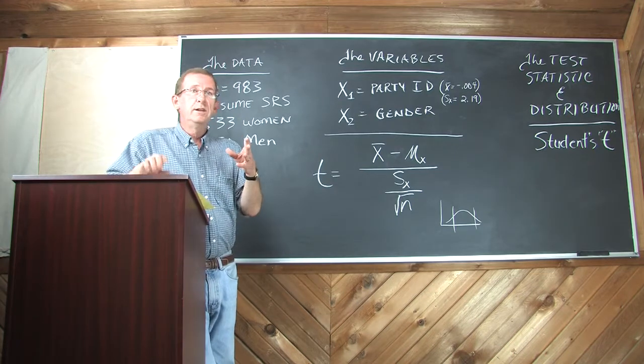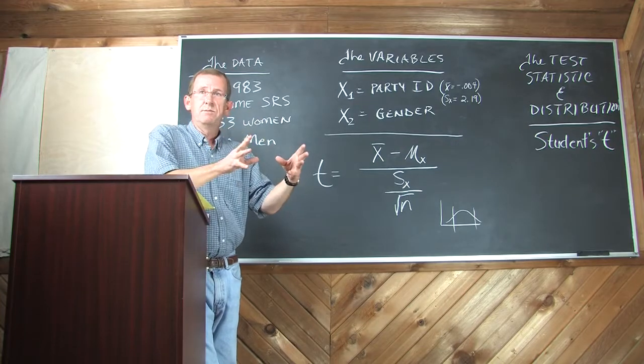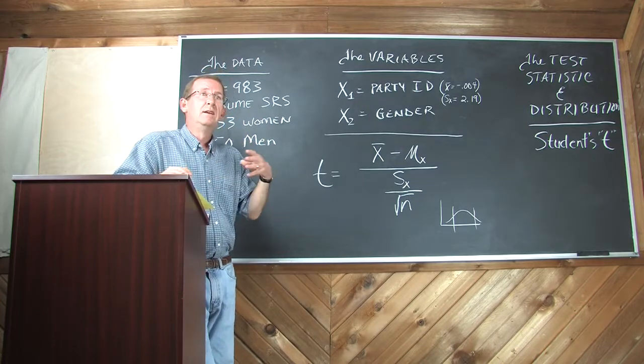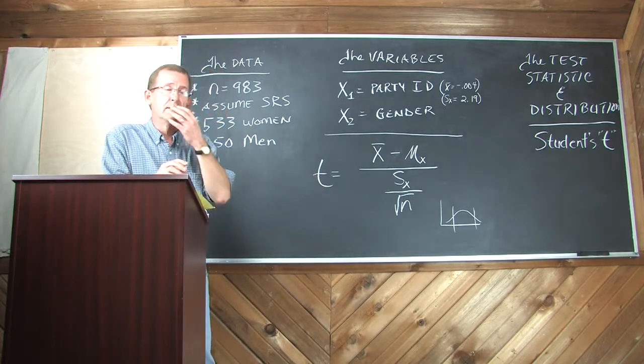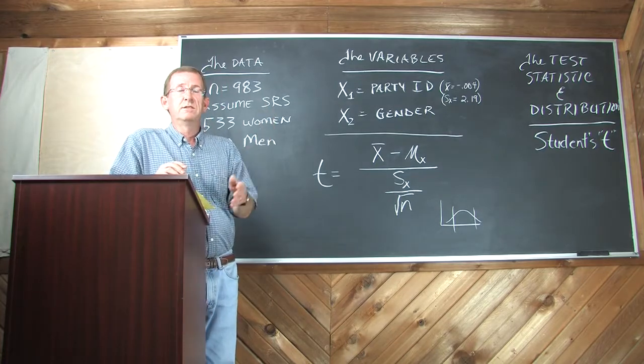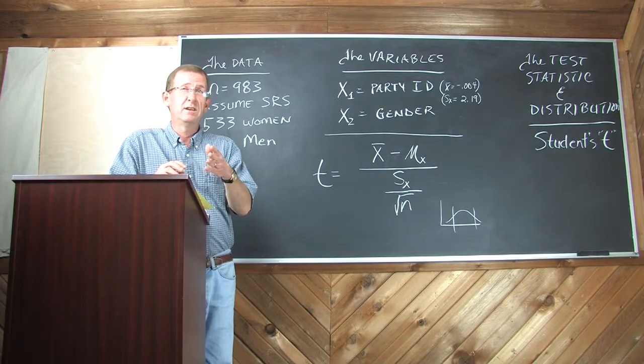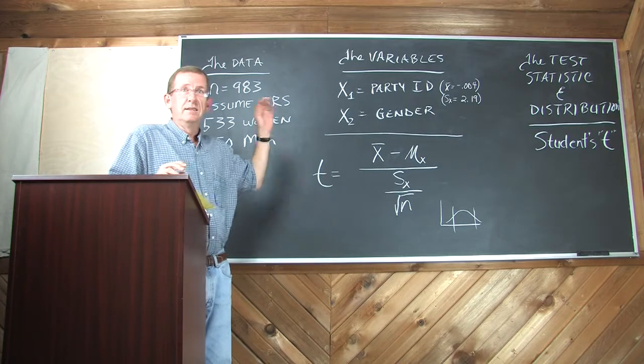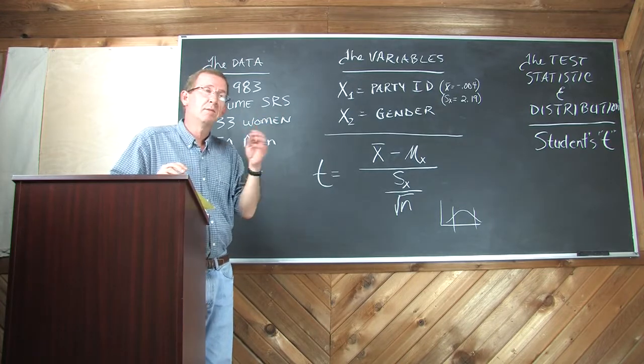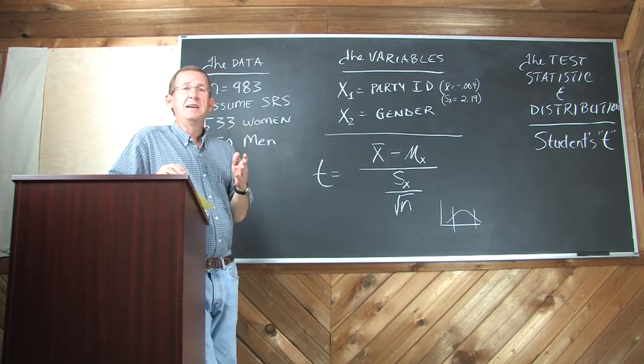We could incorporate the design of the sample and all of its complexities into the statistical analysis and inference. That's too advanced for this introductory course. I do want you to know that it can be done, that this is a probability sample, or it was a probability sample in its day.